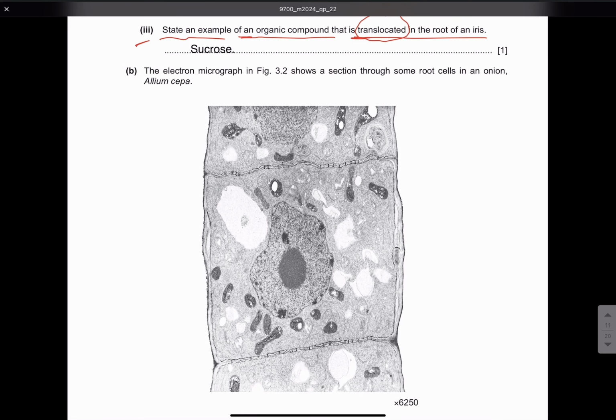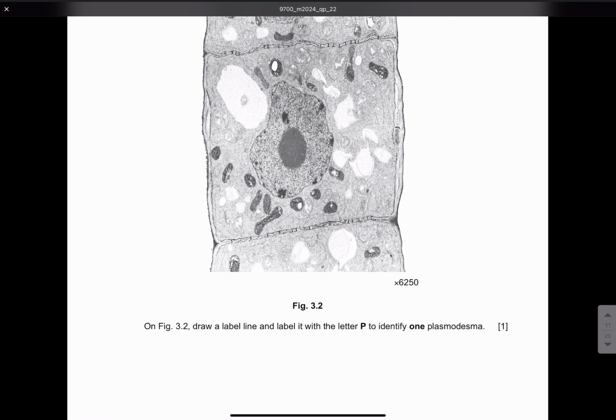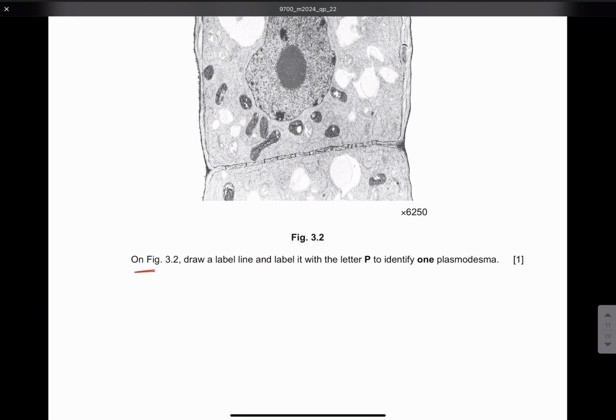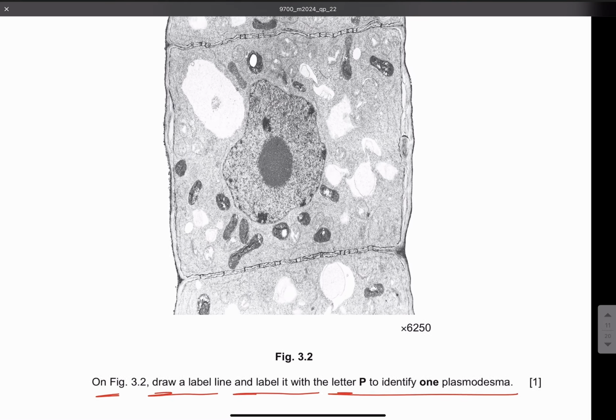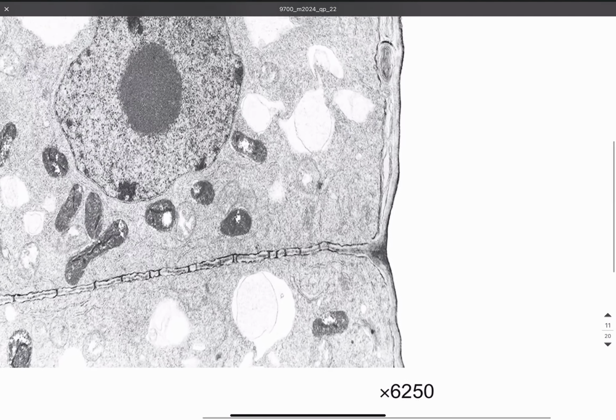Okay, part B. The electron micrograph in figure 3.2 shows a section through some root cells in an onion, Allium cepa. So these are the cells taken from the onion root, right? And these are basically onion root cells. On figure 3.2, draw a label line and label it with the letter P to identify one plasmodesma. So we have to identify and label one plasmodesma.